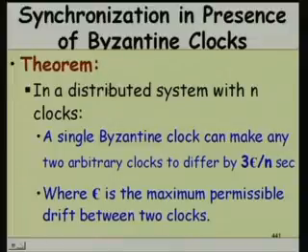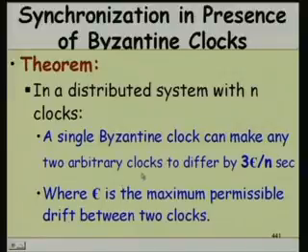The result is the effect of a single Byzantine clock. This is stated in the form of a theorem: a single Byzantine clock can make any 2 arbitrary clocks differ by 3 epsilon by n, where epsilon is the maximum permissible drift between 2 clocks, that is, mod Ci minus Cj is greater than epsilon.